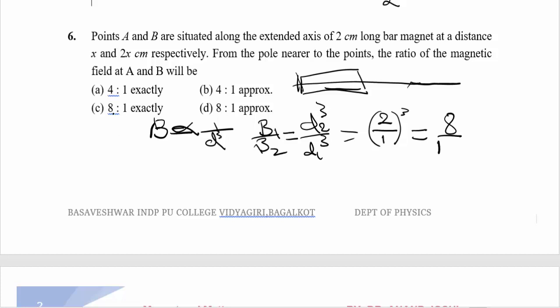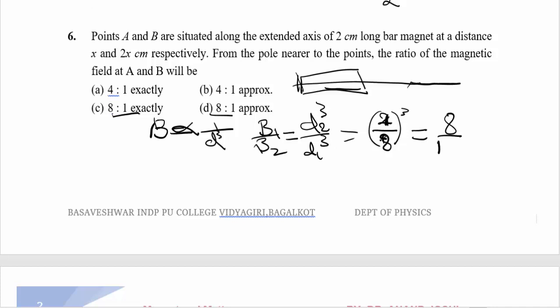Here both options are printed as 8:1. Both options are written as 8:1. It is written as x and 2x.